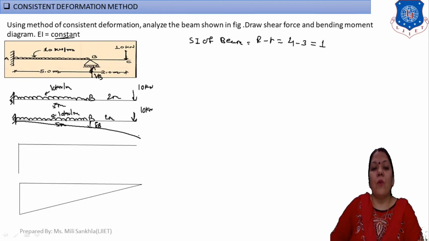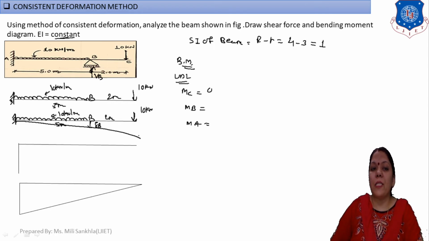Now first of all we find out the bending moment. Here there are two types of load. First is the UDL, so find the moment of the UDL, and then we find the moment of the point load. For the UDL, make the points: the first point is MC, the second point is MB, and the third point is MA. Now at point C there is no UDL, that means our bending moment is 0.